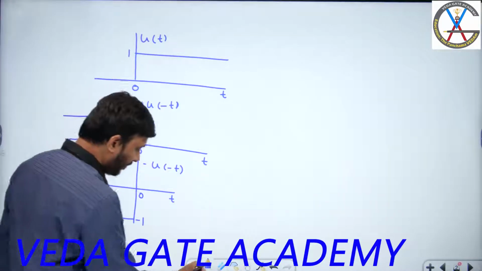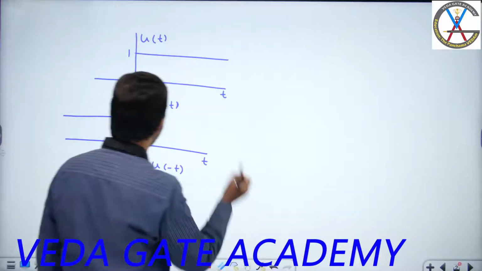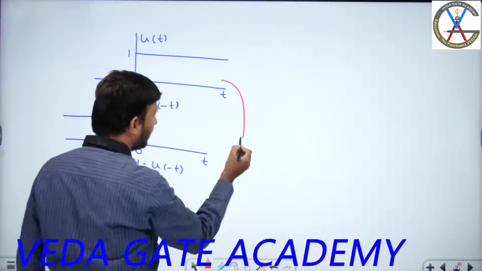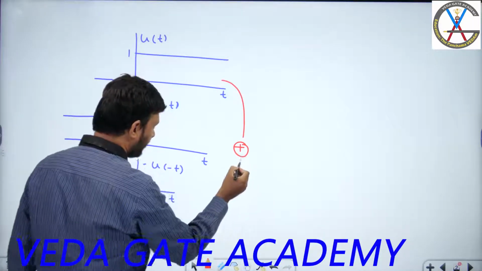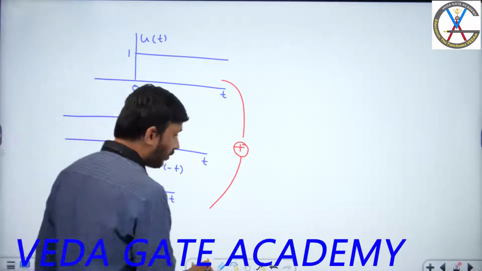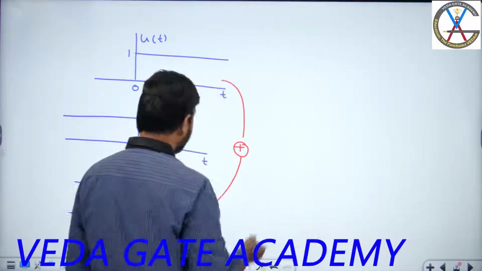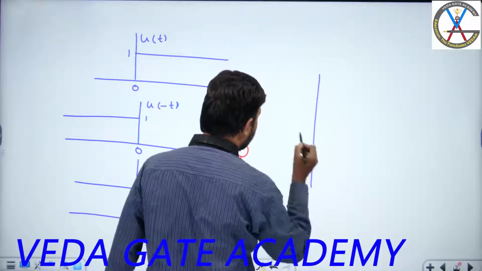Now do one thing. Try to add the first signal and the third signal. Then what are you going to get? The resulting signal can be shown like this.